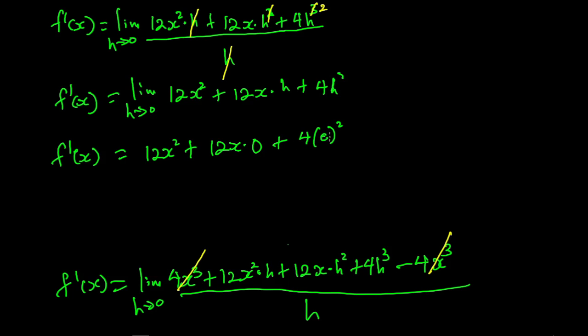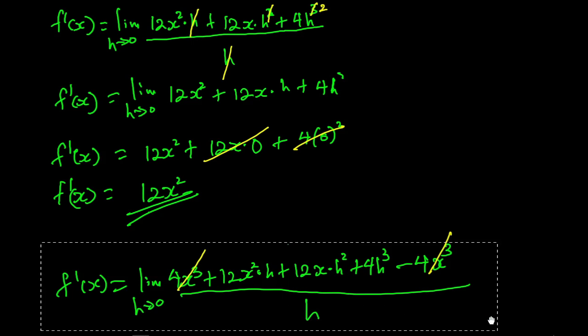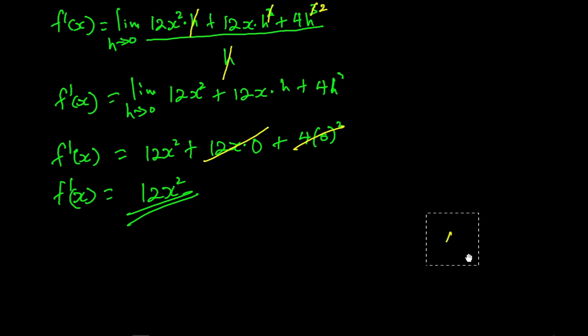So this 0 is going to cancel out all of this, and this 0 is going to cancel out all of this. That means the derivative of our function is equal to 12x squared. In other words, if y is equal to 4x cubed, the derivative of our function will be equal to 12x squared.